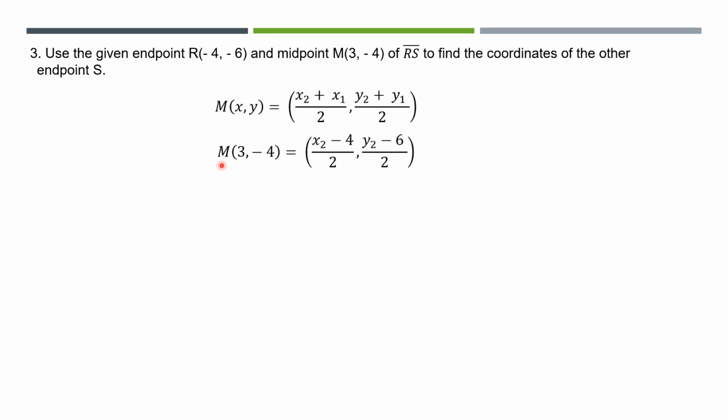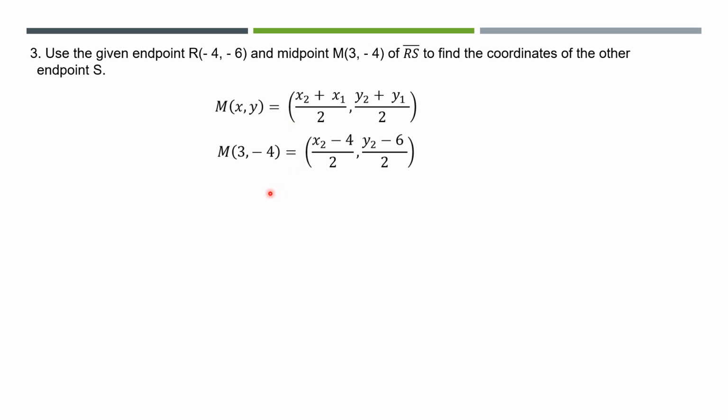We need to add a -4, so x minus 4, and we need to do y plus a -6, so y minus 6. Each of them is being divided by 2. So same exact formula, it's just what I'm substituting.